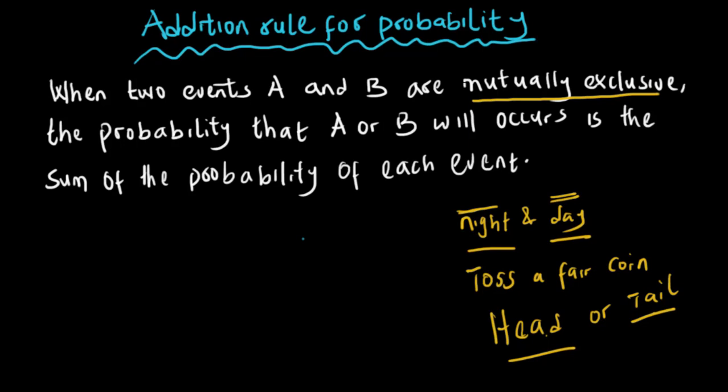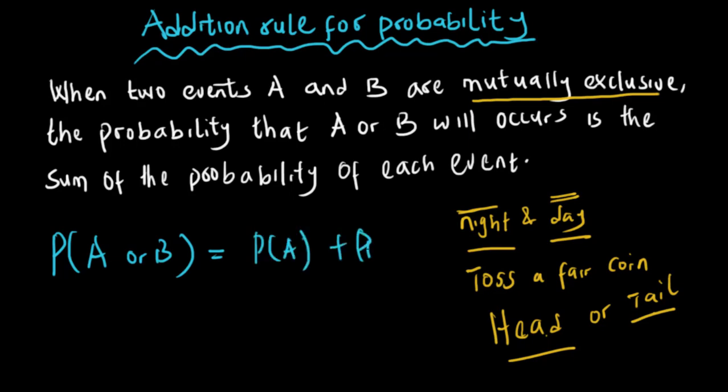Now, this is a deep explanation of what happens, but if we want to make it simplistic, we have the probability of A or B equals the probability of A plus the probability of B. It means that in probability, at least at this stage, when you see OR, it implies addition. Do you understand? Anytime you see OR, it implies addition. Can we take examples?